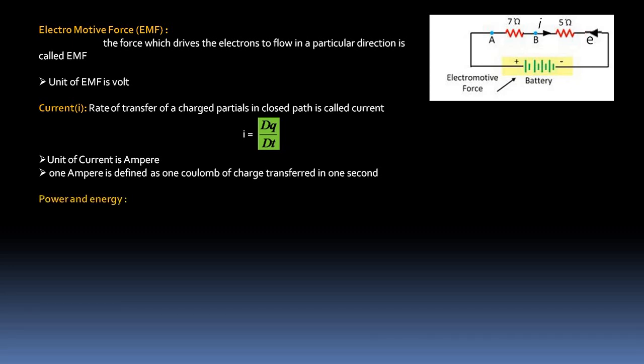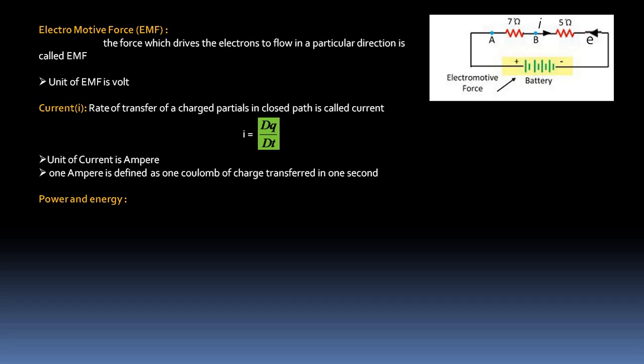Voltage and current, EMF and current, are basic parameters, but they are not enough to analyze a device or a circuit. Take the example of a simple bulb: a 60 watt bulb and a 100 watt bulb. The 100 watt bulb glows brighter than the 60 watt bulb. Likewise, we describe a device with respect to its power rating.